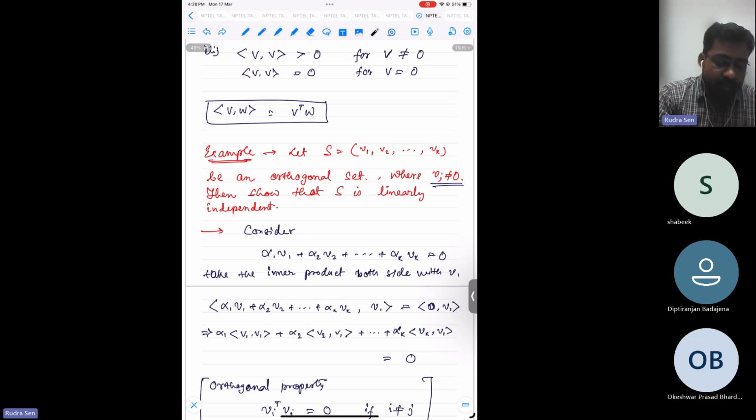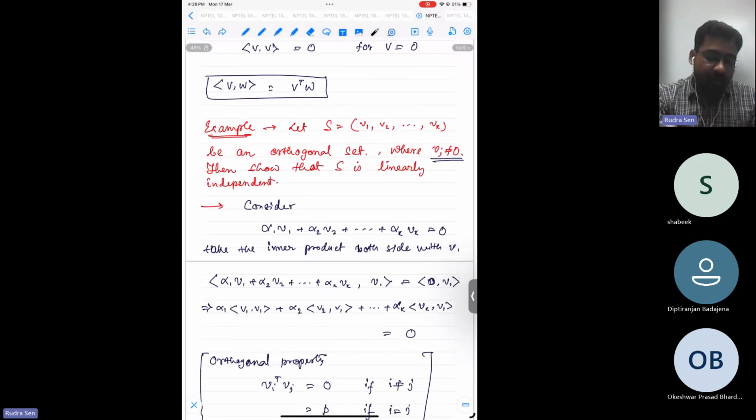Here we have to show that S is linearly independent. If the vectors are orthogonal to each other, we need to consider alpha 1 V1 plus alpha 2 V2 up to alpha k Vk equals 0.